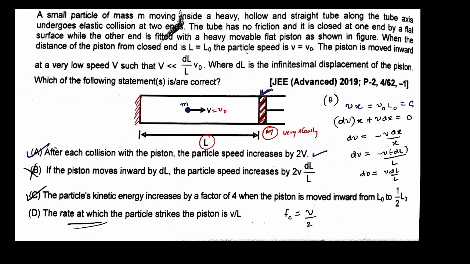Here they are saying it is v by L, but what we are supposed to have for the correct answer is v by 2L. So it's going to be a wrong option. If you remember the results of the previous problem, then for similar looking problems you can directly answer and save time.